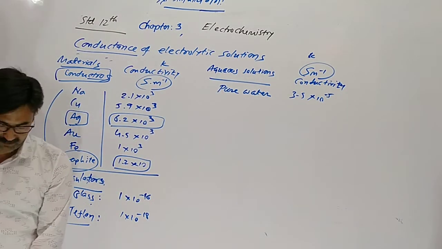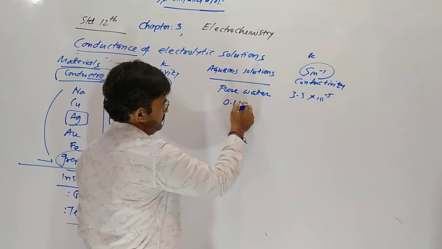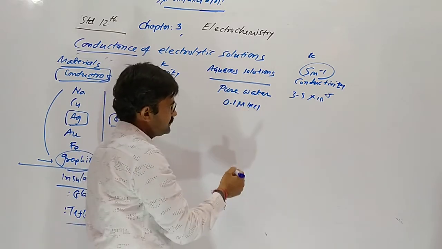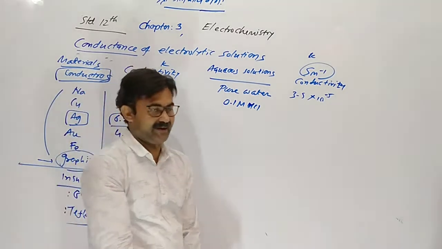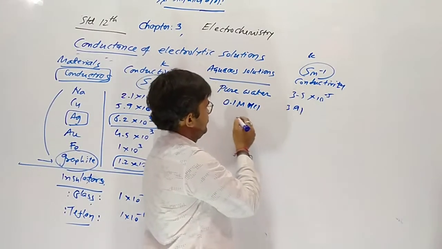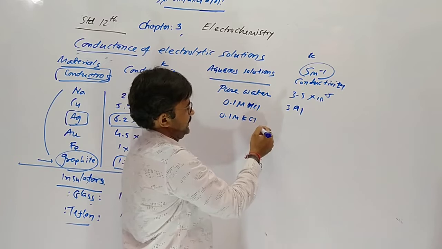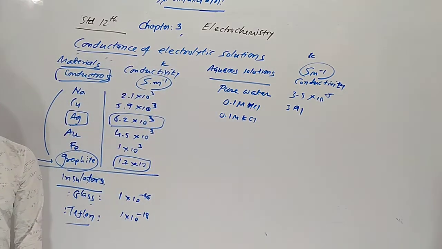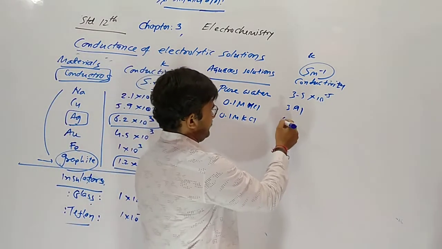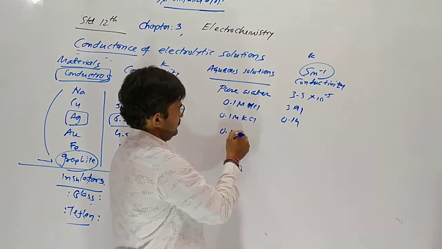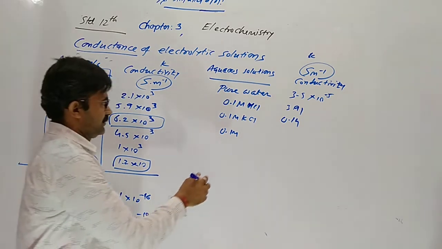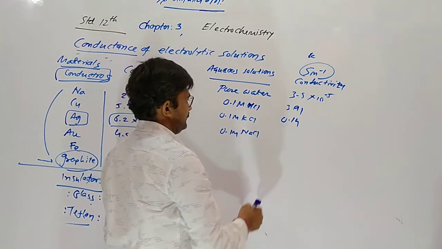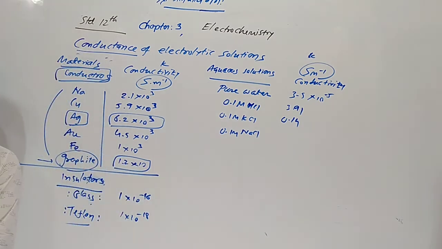Then 0.1 molarity HCl, which is also less, 3.91. Then 0.1 molarity KCl, only 0.14. 0.1 molarity of NaCl has only 0.12.